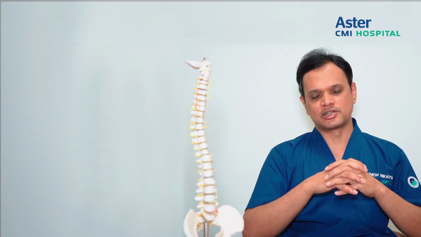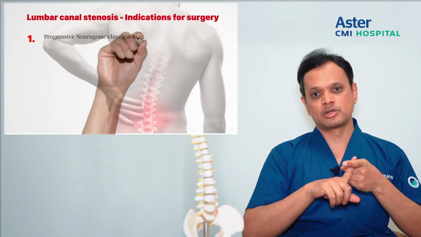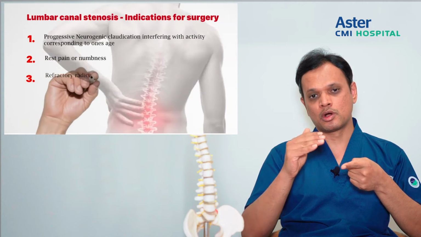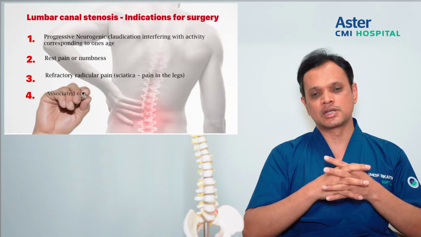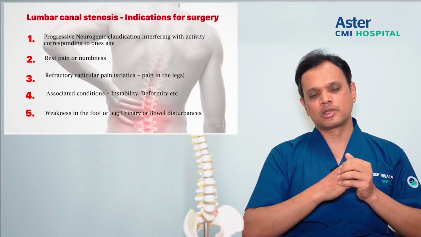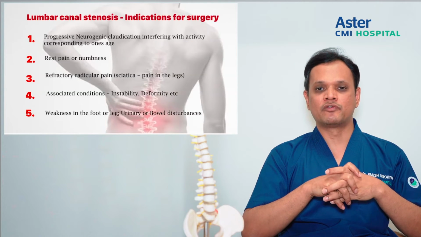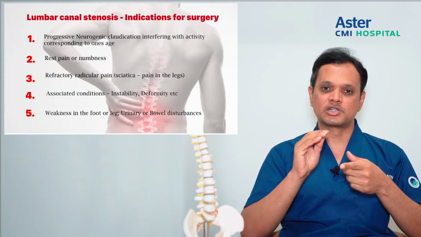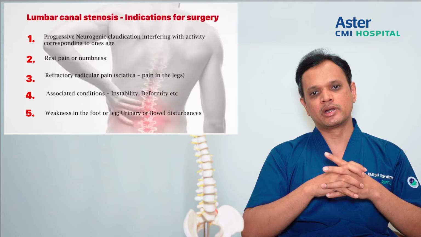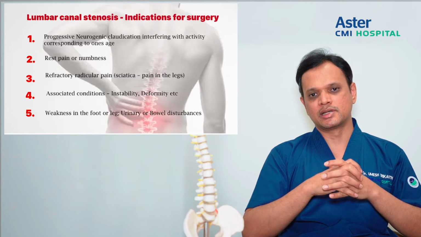But in severe cases, whenever there is a significant progression of your symptoms, when a critical distance is reached, if you are not able to walk even 100 meters, that is what we call a critical distance, though there is no actual cutoff, that indicates that this is a case that requires some kind of intervention. Also, if patients develop any numbness or weakness, or there are already urinary disturbances, these patients will again require surgical intervention.